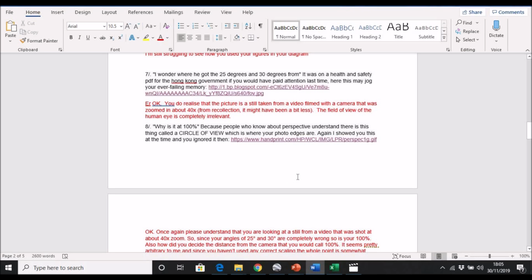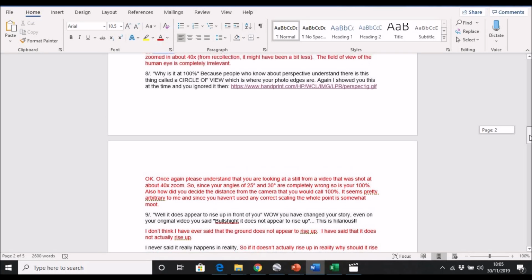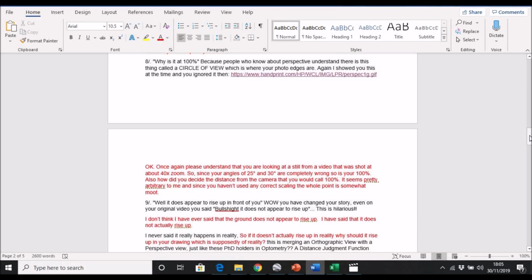And there's no debate about what the field of view was, because that field of view is captured in the photograph. Why use field of view for the human eye to do a scale diagram for a photograph? Makes no sense, Gleem. You're wrong again, Gleem.